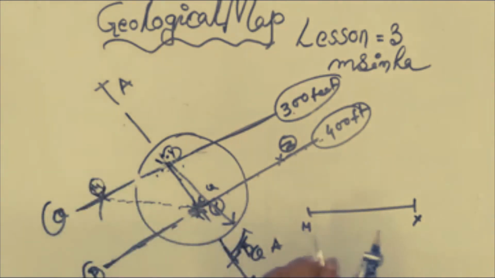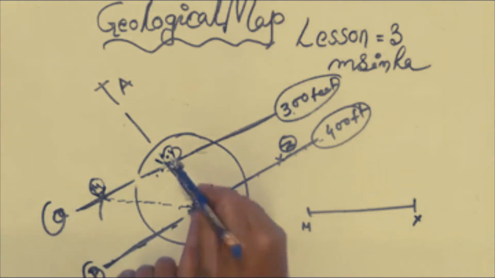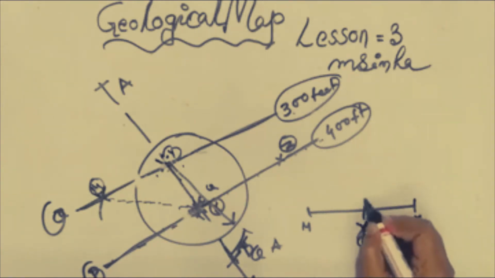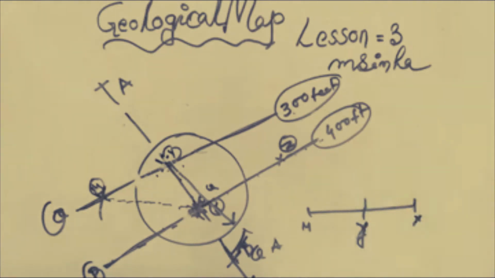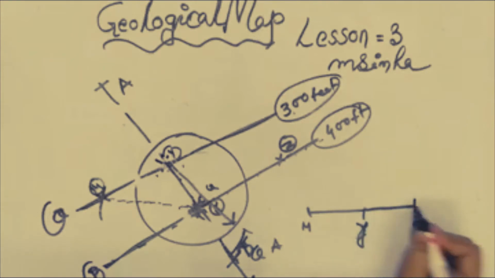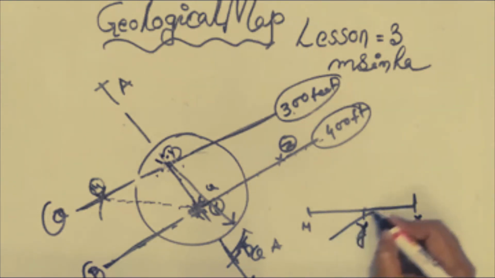Suppose X started the journey to reach Y. The vertical interval between X and Y is 100 feet.